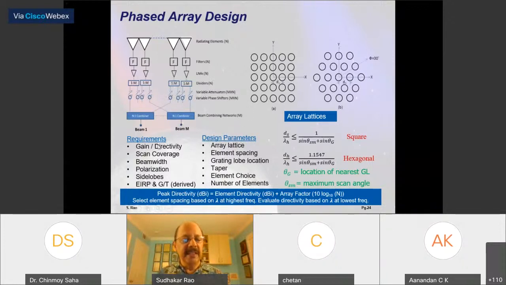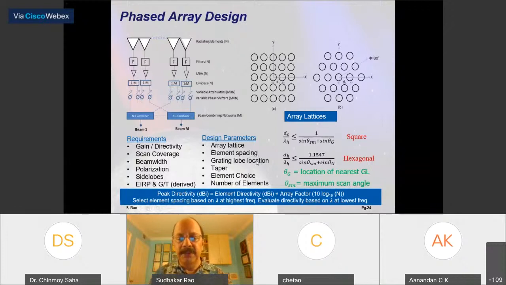So requirements: gain, directivity, scan coverage, beam width, polarization, side lobes. All these factors are important. Then your design parameters are: choose the array lattice, element spacing, which depends on the scan, how far you're scanning. Grating lobe location: you want the grating lobes, but you want them outside the coverage. The reason you want the grating lobes is that if you design without them, your element spacing becomes small and the cost of the phased array becomes very large.